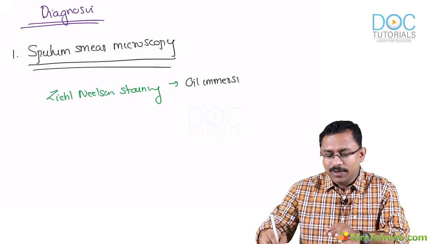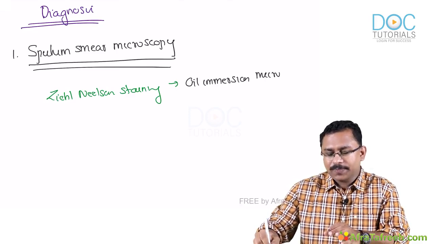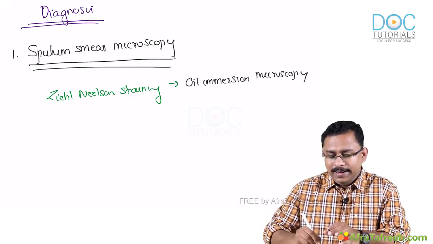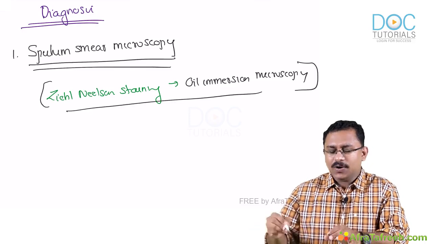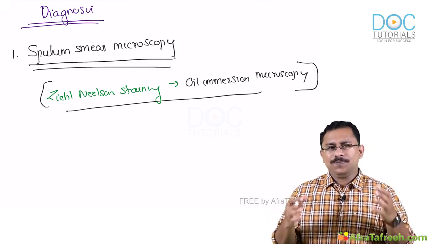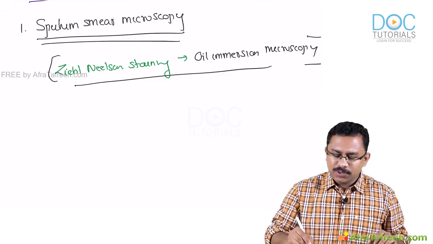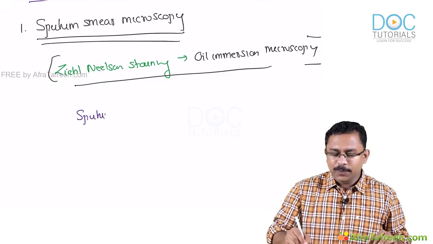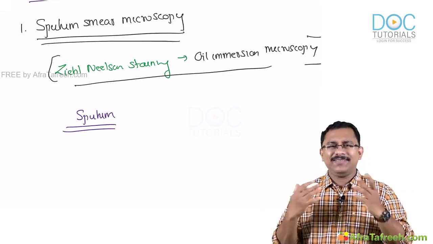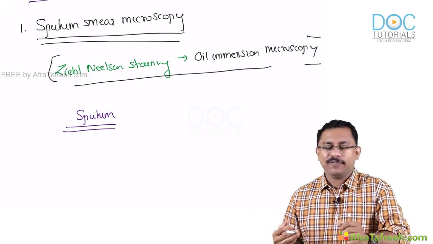Ziehl-Neelsen staining and oil immersion microscopy. And when you want to obtain sputum, for certain individuals you will definitely obtain sputum very easily. Okay, they are having some cough, productive cough.